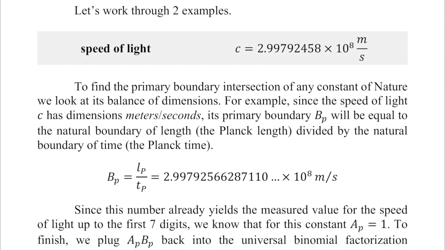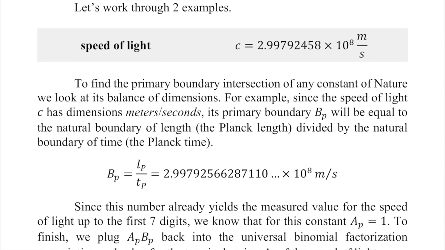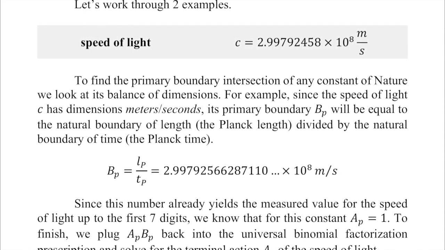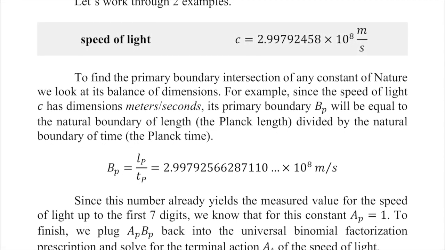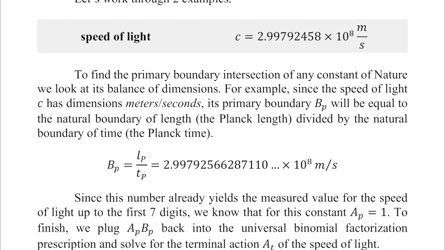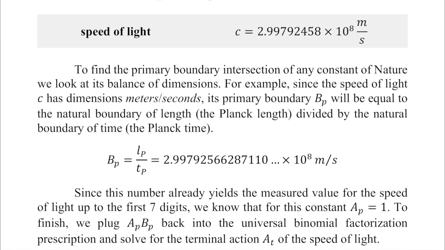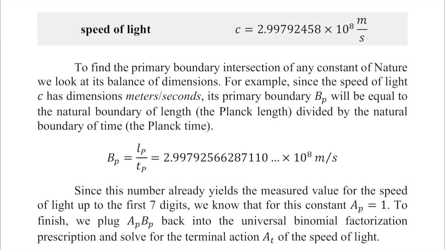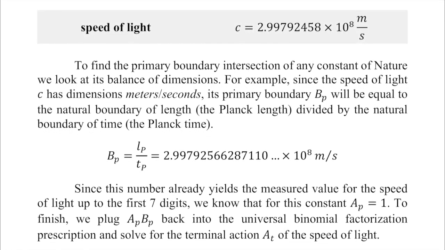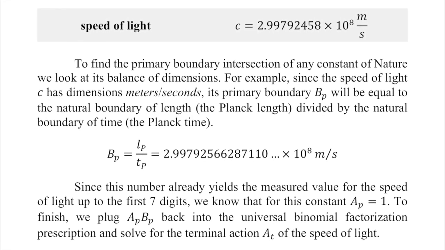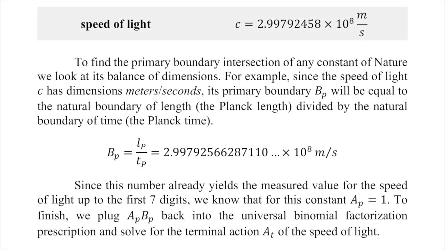So for the speed of light, since it has the dimensions of meters per second, its primary boundary is going to be equal to the natural boundary of length, or the Planck length, divided by the natural boundary of time, the Planck time. So we set our primary boundary intersection equal to the Planck length divided by the Planck time.